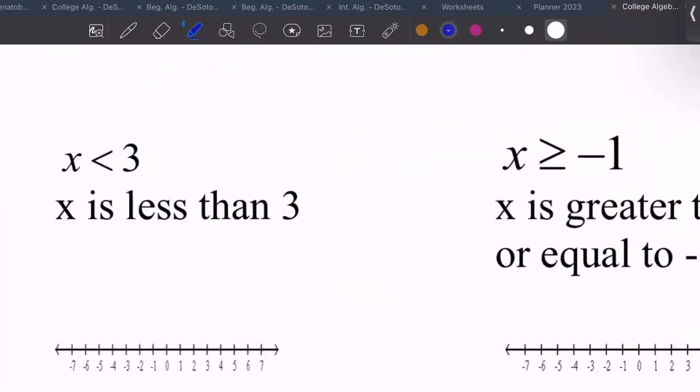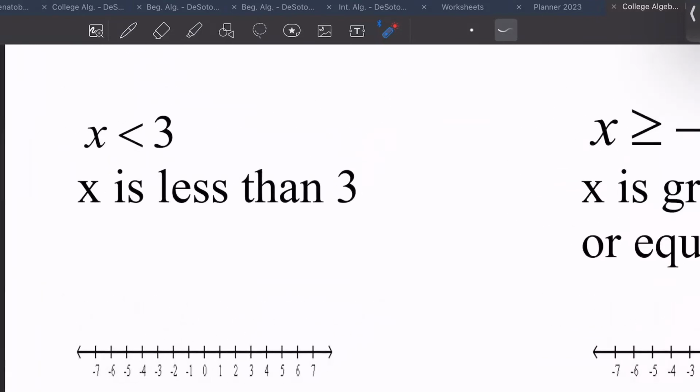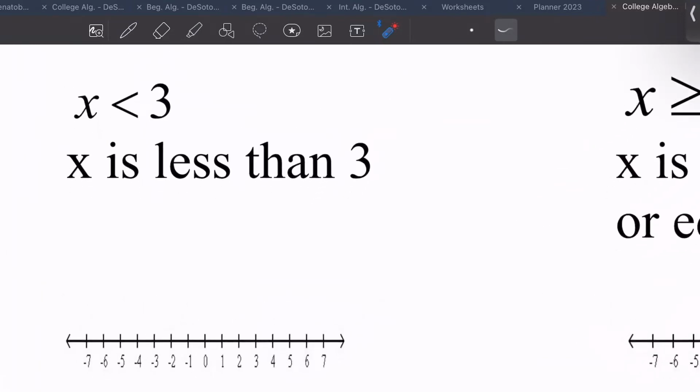So this first example, we have x is less than 3. First of all, if you don't know how to read these, that's an issue. This is the less than symbol. X is less than 3. If I were to tell you to put this on a number line, you would go to 3, and you need to know which way to go. X is less than 3 says that x can be all of the numbers less than 3.